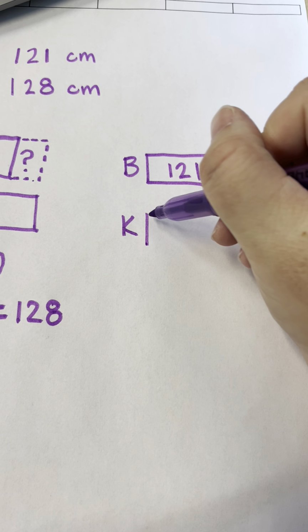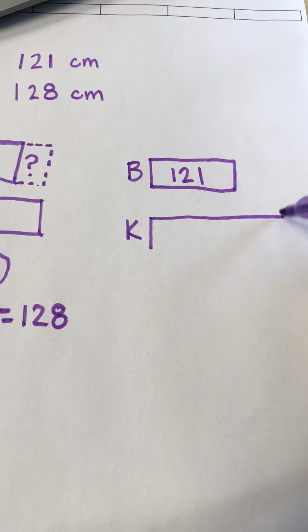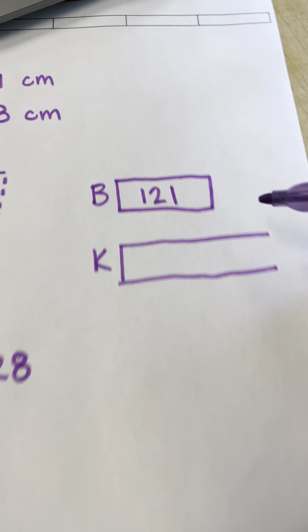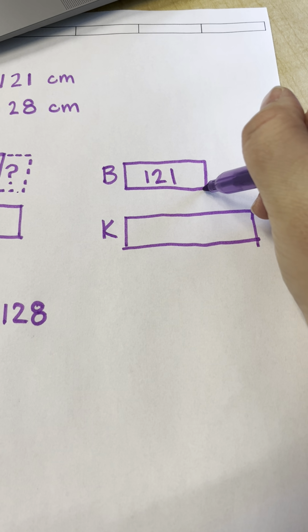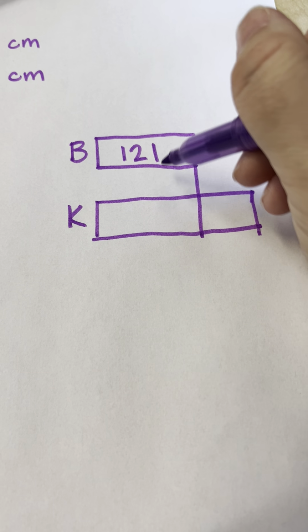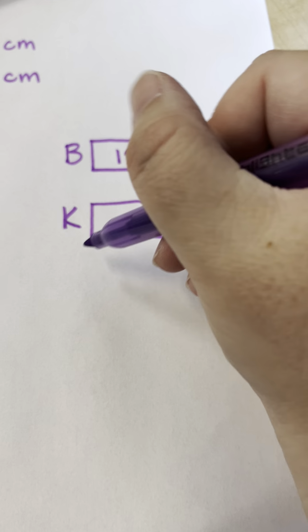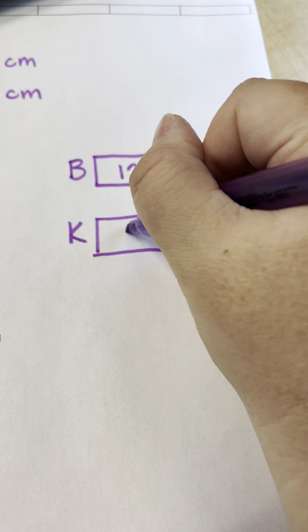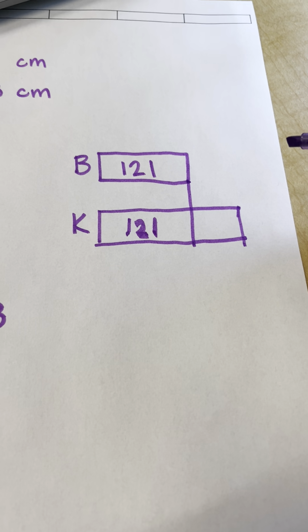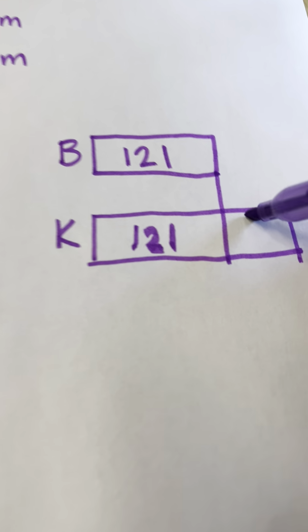The only difference is I don't label Kate's right away, because I want to show that if I draw a line from Beth's down through Kate's, I actually make this part of the tape diagrams equal. So now I know that this part of Kate's tape diagram is also 121, and now this is my missing part.